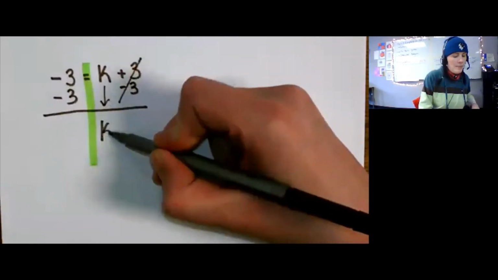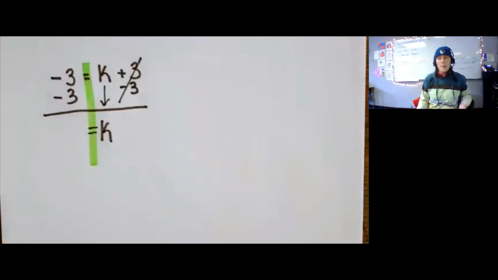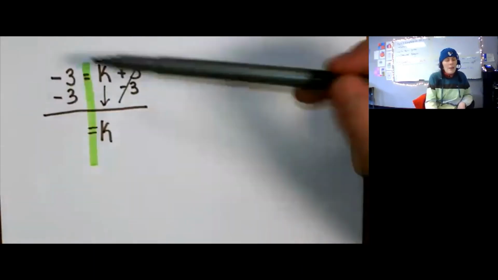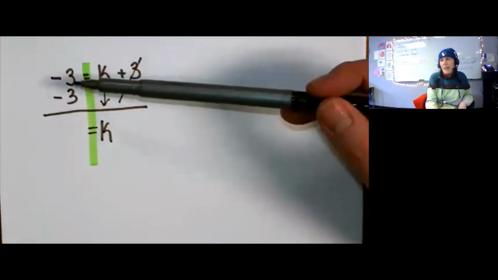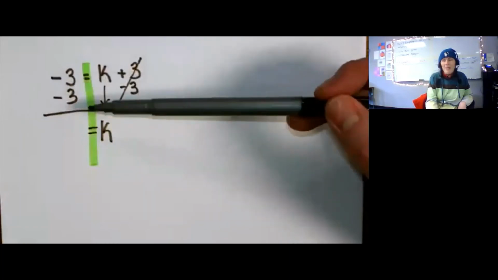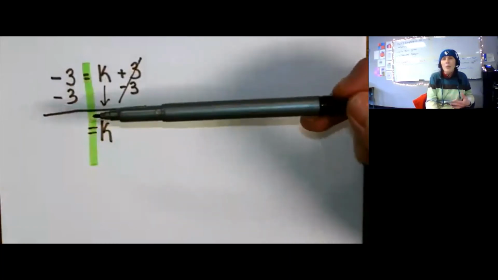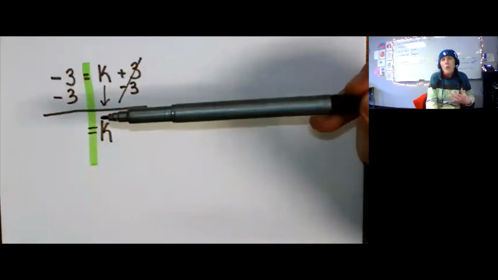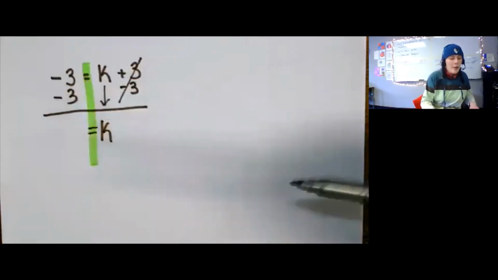Let me rewrite it. Now I have a negative number, and I'm getting more negative. When you are subtracting from a negative number, you know your answer has to be negative.